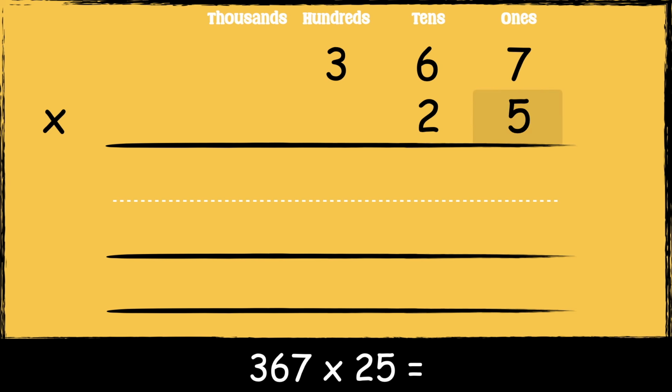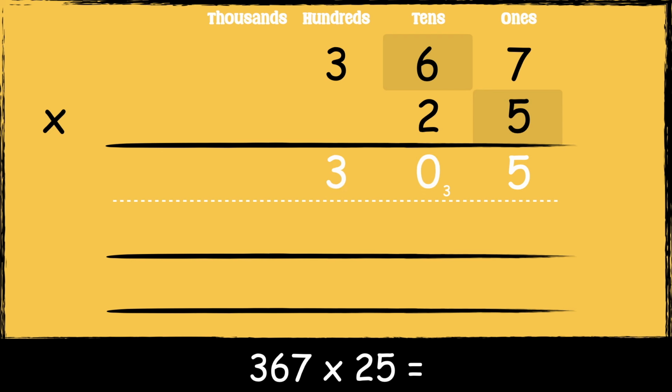First, we're going to multiply 5 by 7. 5 times 7 is 35. We carry the 3 below in the tens column, as it represents 3 tens. Now we can multiply 5 by 6 tens. 5 times 6 is 30.